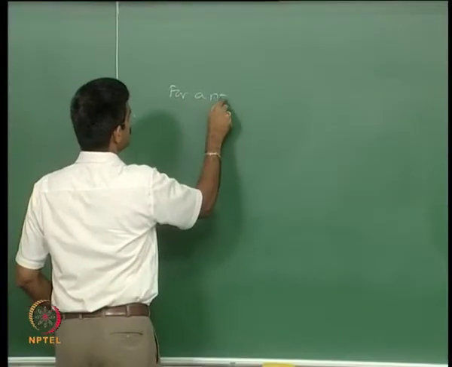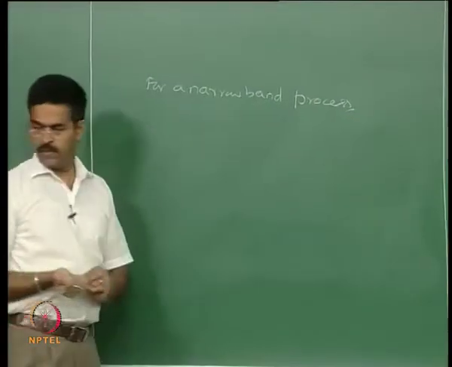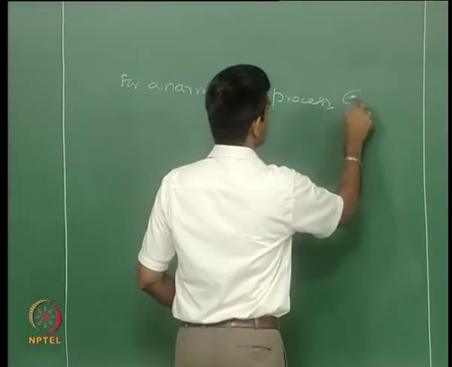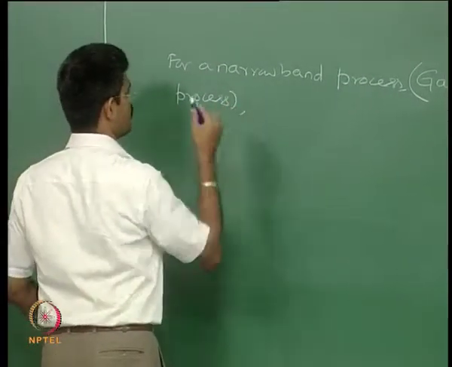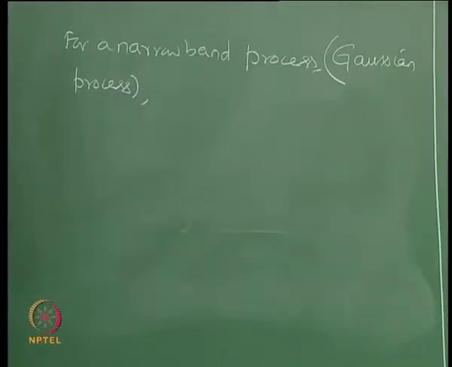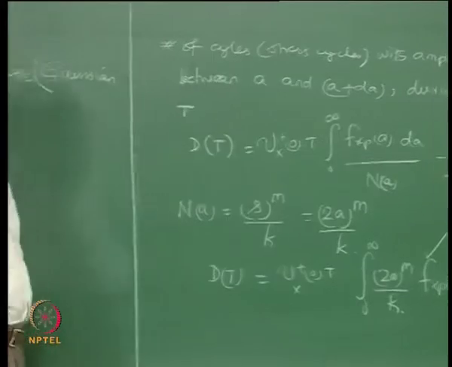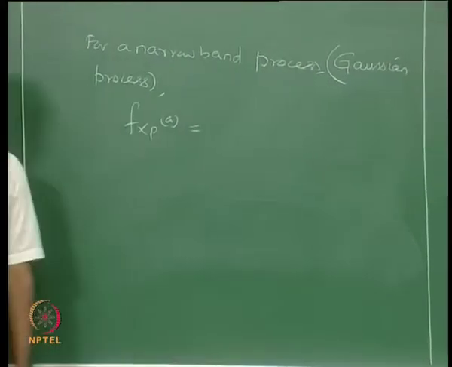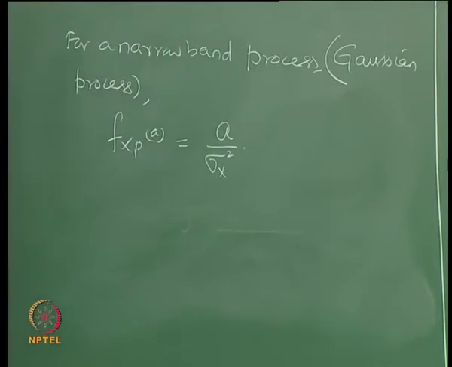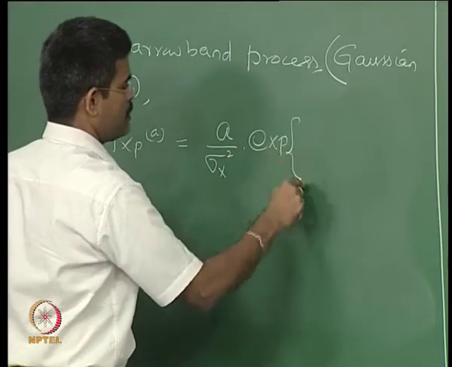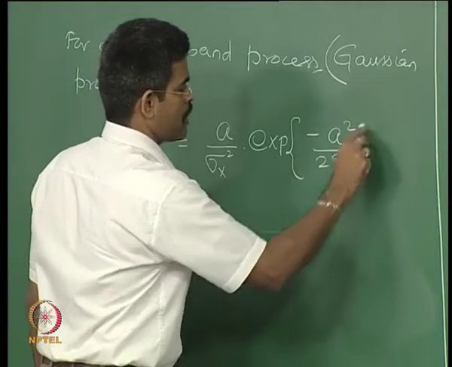For a narrowband process, which is Gaussian, f_xp(A) can be given by A by sigma_x square, exponential of minus A square by 2 sigma_x square.